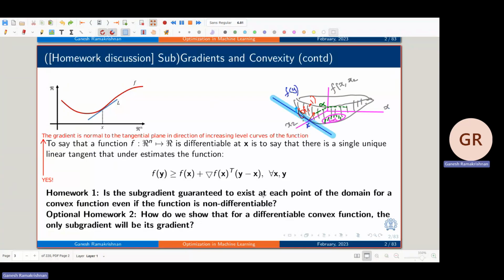The notion of a tangential plane may not be unique, that's what we'll see, but there exists some tangential plane and the gradient is that normal. If not, the subgradient is playing the role of the gradient.